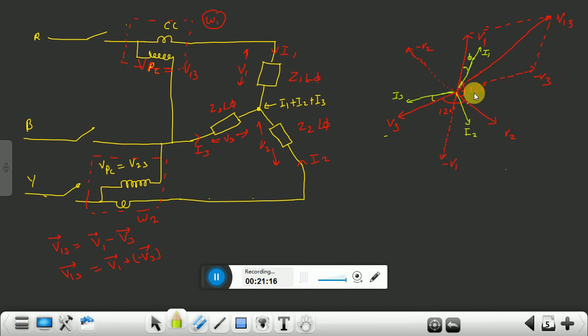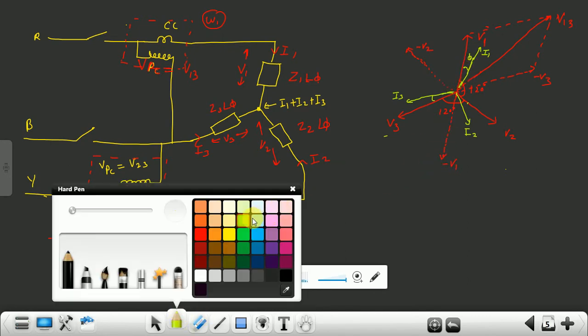In this case this is V1 and this is minus V1.